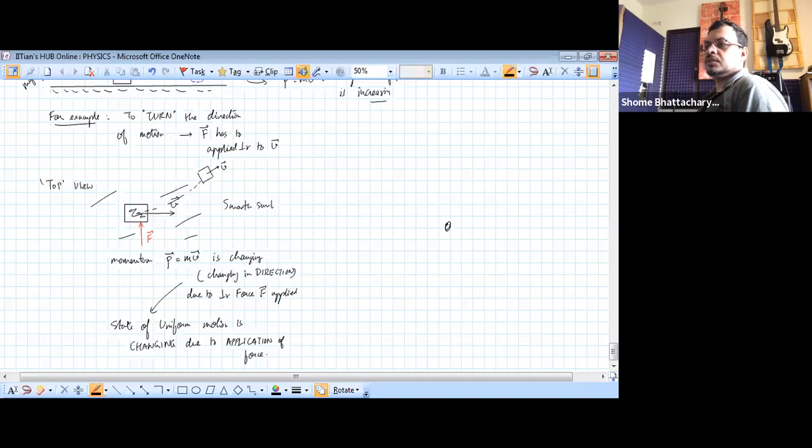So here, if something is moving along this direction, now to make it turn, so that its velocity direction turns like this, we have to apply a force, which has to be like this. To continue to turn, you have to keep applying a force which is perpendicular.